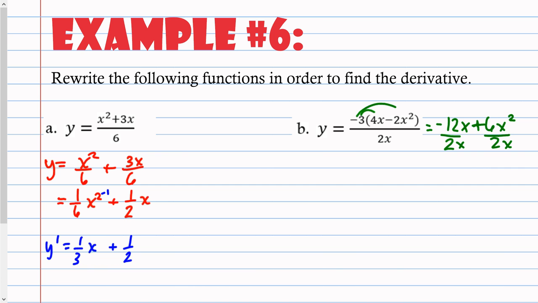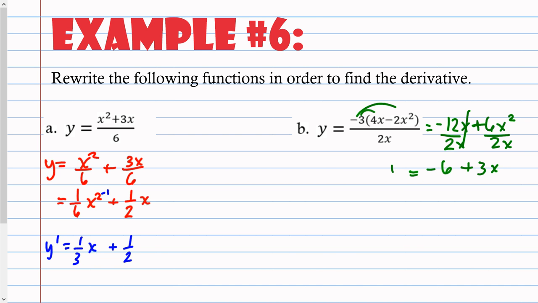So instead of one fraction, I want two. And I'm not done, because that can actually be simplified. -12 divided by 2 is -6. And then x divided by x, they cancel each other out. That just equals 1. 6 divided by 2 is 3. And then x squared divided by x just leaves me 1x.